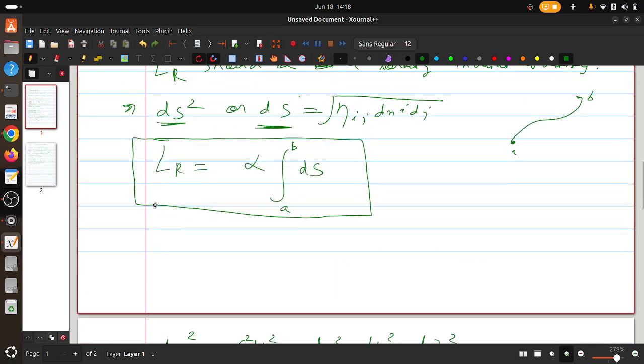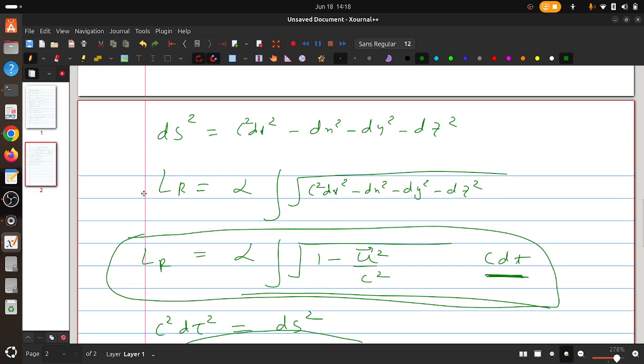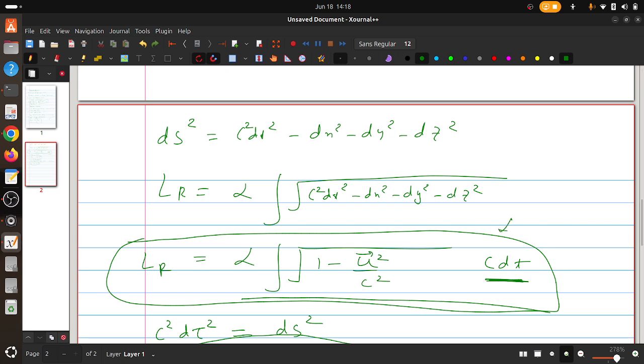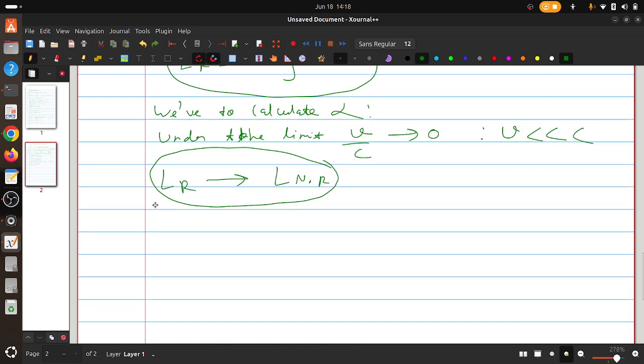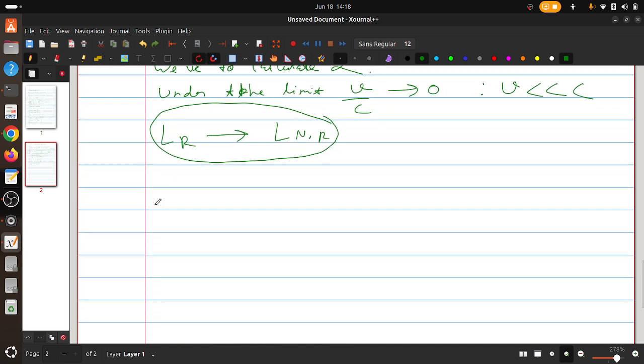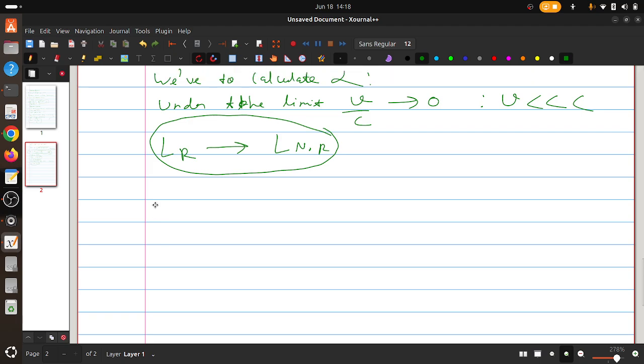By the way, when I write this relativistic Lagrangian here, it is just for a free particle. This Lagrangian is for a free particle because it only considers the spacetime interval. It doesn't have any other interaction, so we are not taking any interaction into account. When we take interaction, there will be different terms from this, right? So right now we are doing only the free particle so that we can calculate alpha.